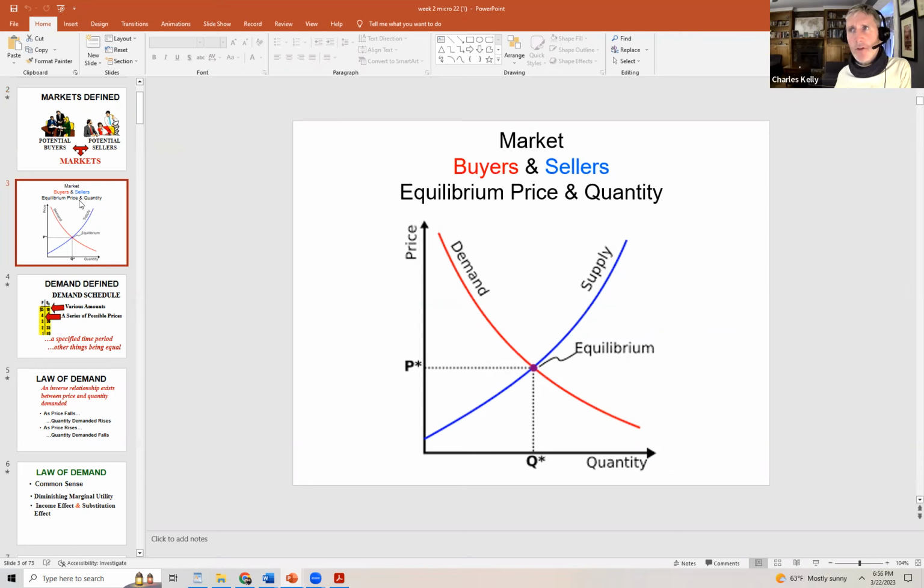The purpose of this exercise is to determine what is the current price and quantity in the market. And then when something changes, when some event affects the market scenario, what happens to price and quantity? So that's the whole purpose of our exercise. When we look at this graph, price is measured on the up-down vertical axis. Quantity is measured on the horizontal axis.